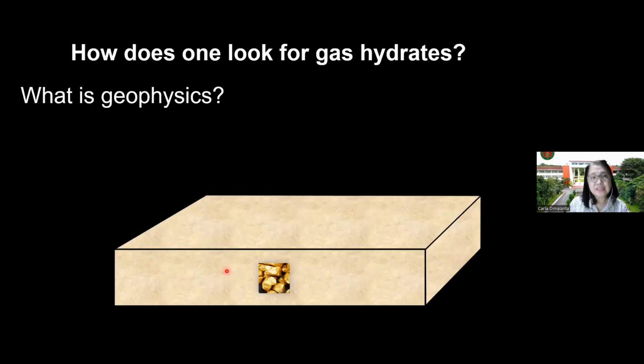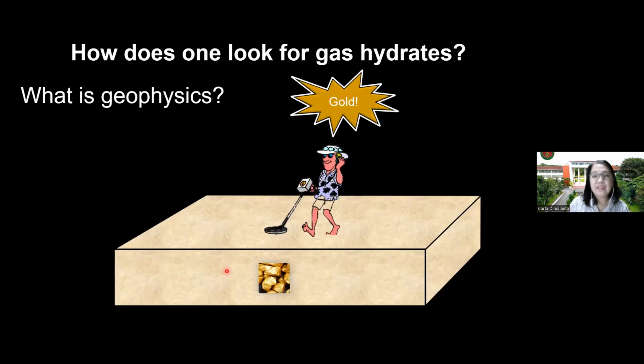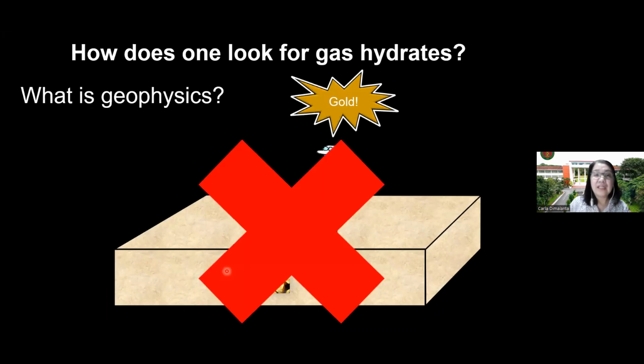So geophysics is not like walking around with a metal detector and then just saying, okay, the metal detector sounded, made a loud noise, and therefore I know this is where the gold is, for example. That is not what geophysics is about, okay?